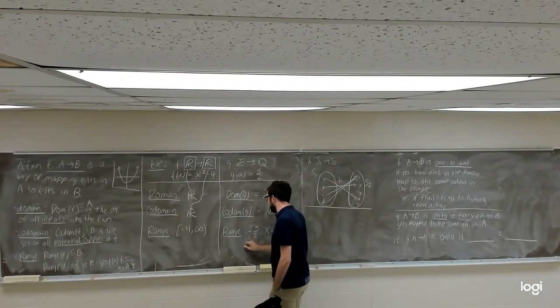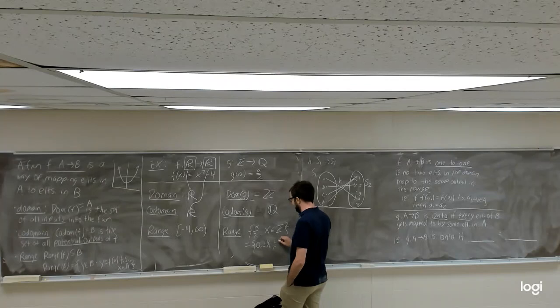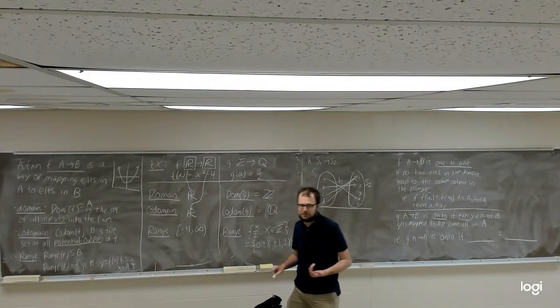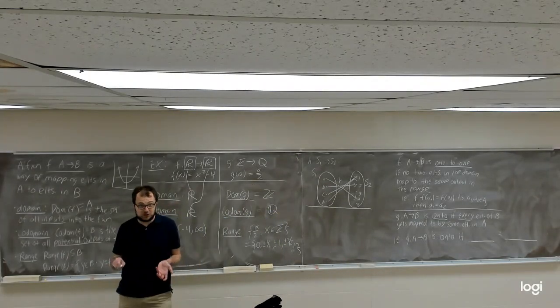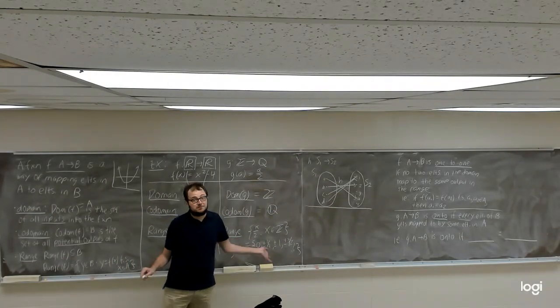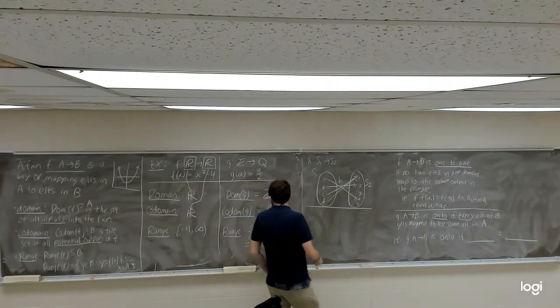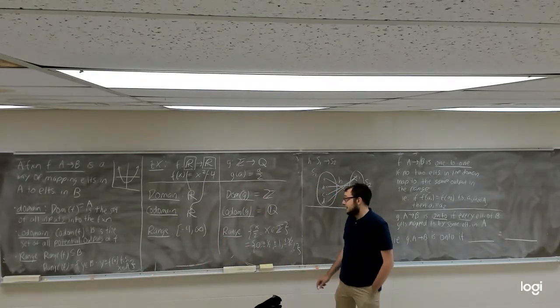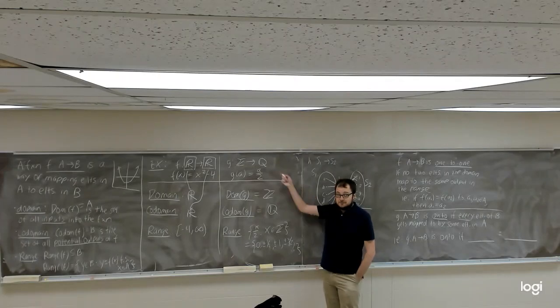Which we could also write by saying it's going to look like 0, plus or minus a half, plus or minus 2 halves, so plus or minus 1, plus or minus 3 halves, etc. It's the set of anything that's either an integer or half of an integer. And that gives us the domain, codomain, and range of this function.